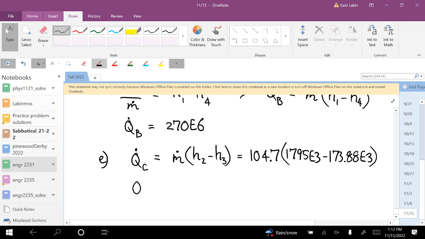And so QC dot is equal to 170 times 10 to the 6th.